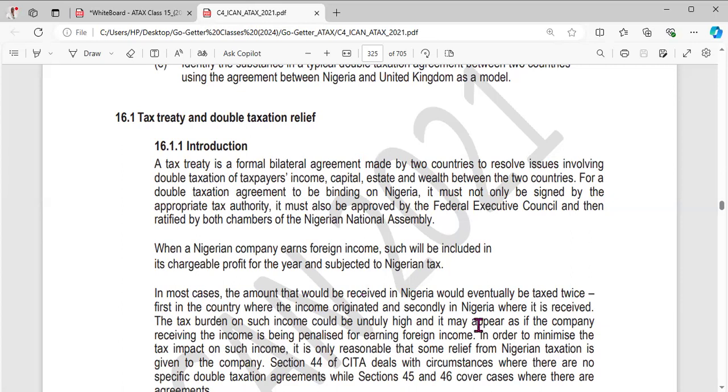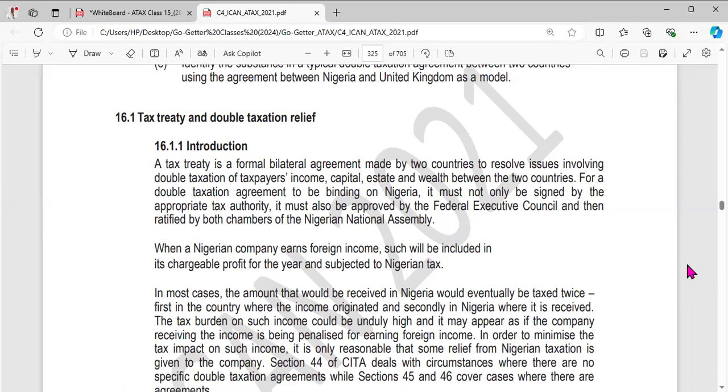In most cases, the amount that will be received in Nigeria will eventually be taxed twice. First, in the country where the income originated. I gave example of United States. You have a company, you have a branch there, the income would have been charged there before you now brought it to Nigeria where it is received.